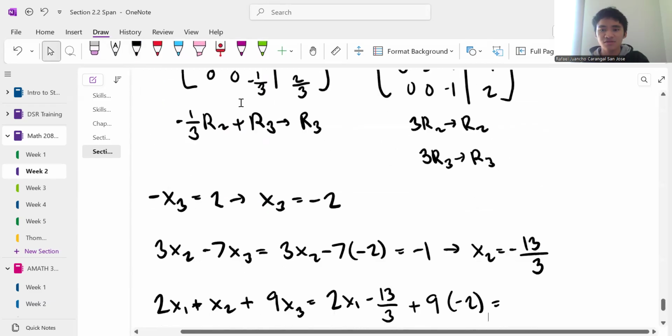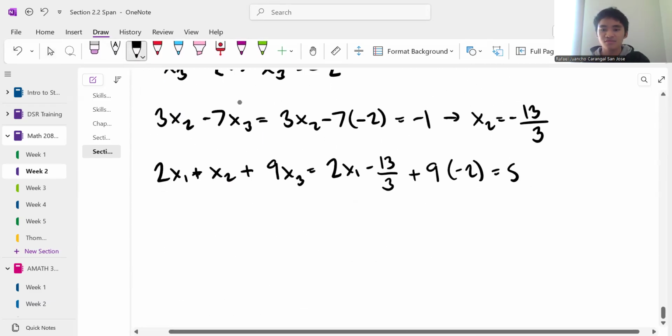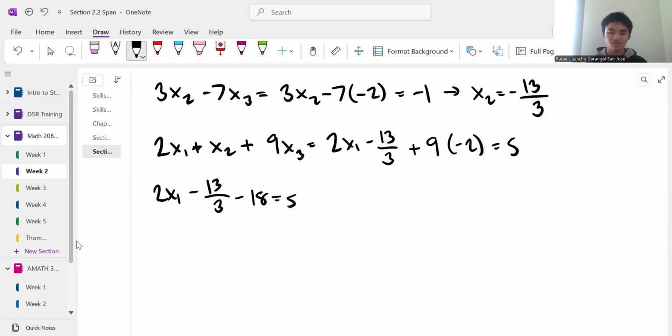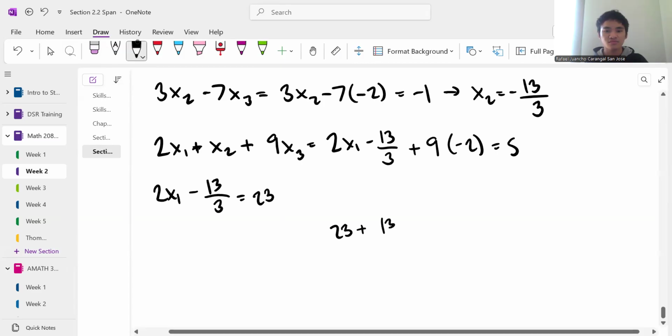This is equal to 5, right? So we just continue. Minus 18, 5. We add 18 plus 5, 23. This becomes 23. I add 13 over 3. Oh, I need a calculator for this.